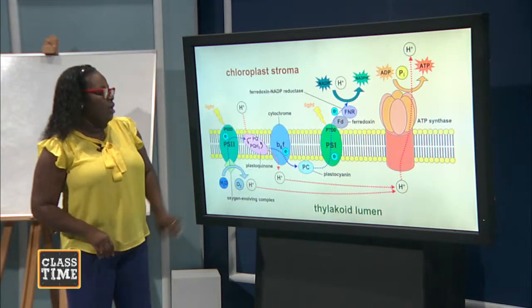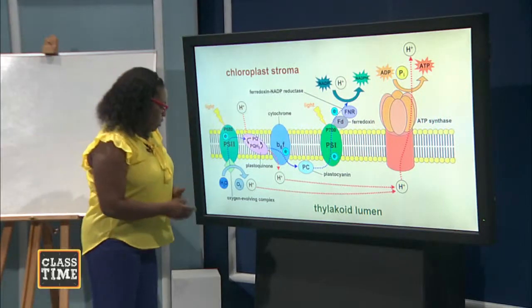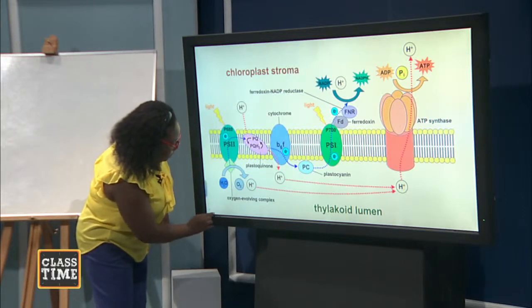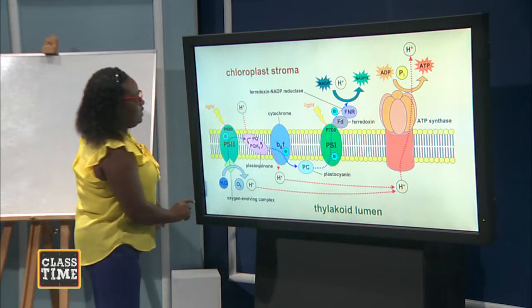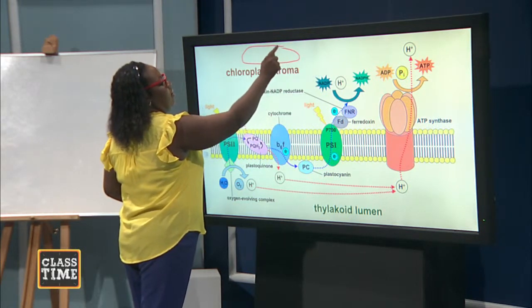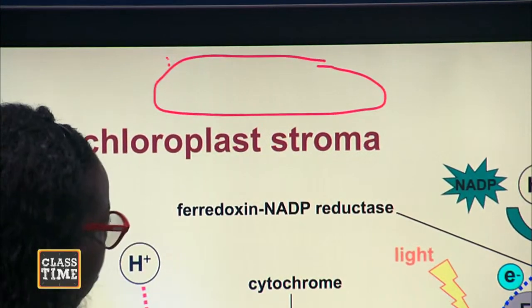Now, this diagram outlines the whole thing, but in the context of the thylakoid membrane. Remember, the thylakoid membrane is where this is taking place. This is a part of the chloroplast. If I was to draw something representing the thylakoid membrane, the membrane is where all the proteins are.